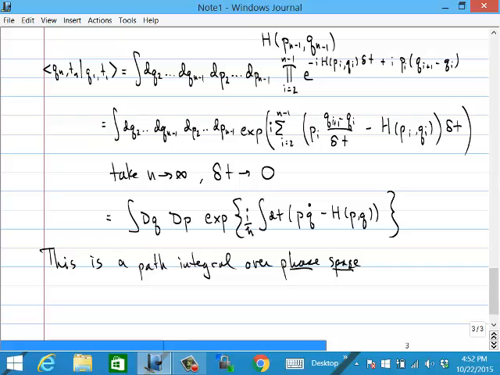Life gets complicated if you have a function of p times a function of q. A particle in a magnetic field, for example, has p times something. The argument there is a little bit more complicated, but it does all go through. Good question.